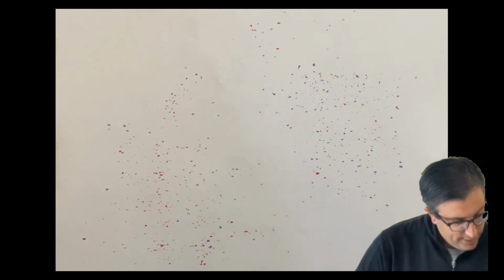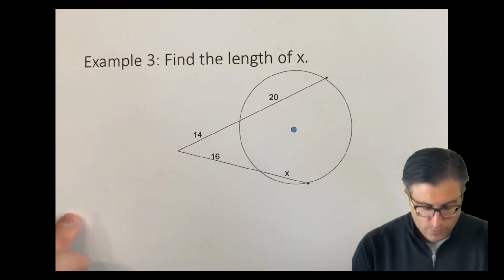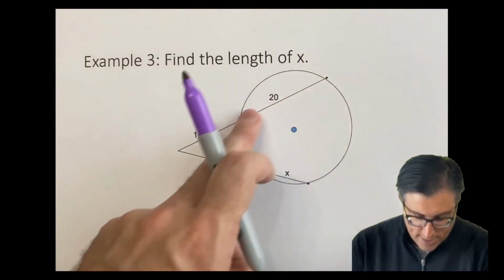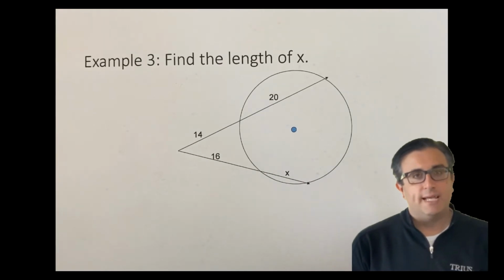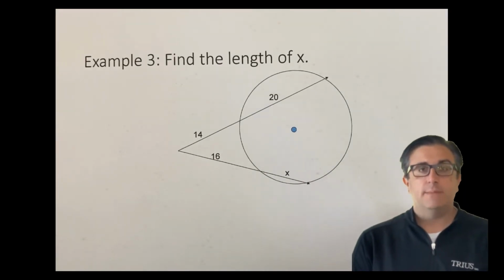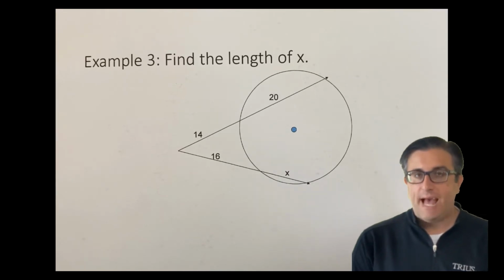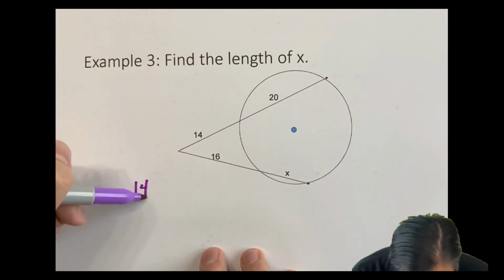All right, problem 3. Looks like it's a secant-secant. That was theorem 2. 14 is the outside, 20 is the inside. 16 is the outside, X is the inside. So the second theorem, without the letters, don't worry about letters, says the outside times the entire length equals the outside times the entire length. 14 is the outside.